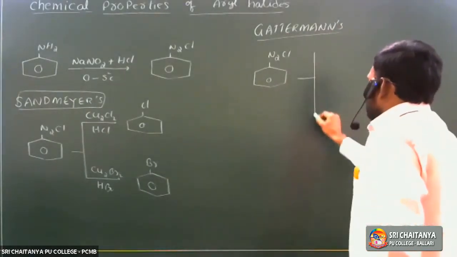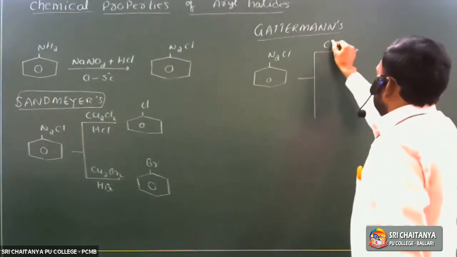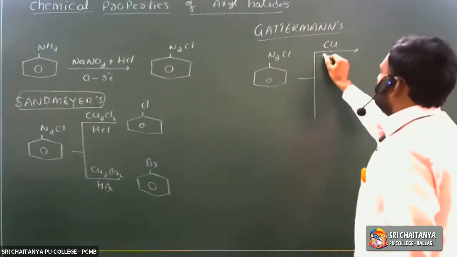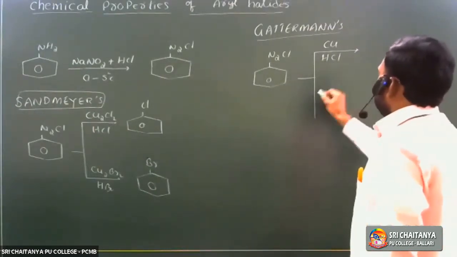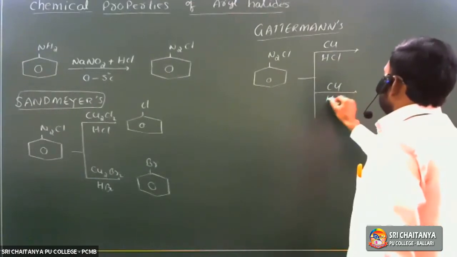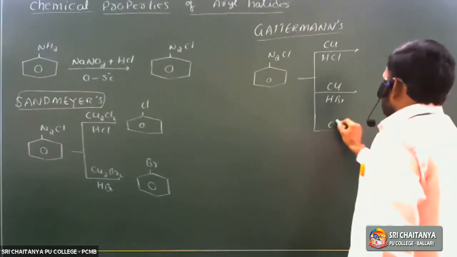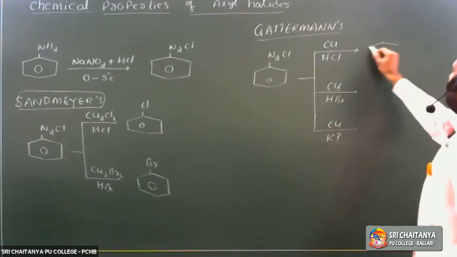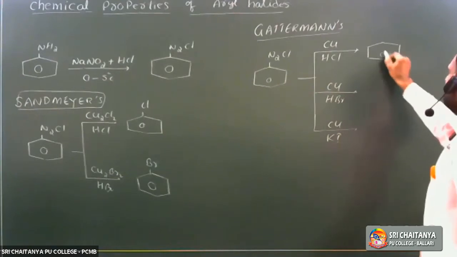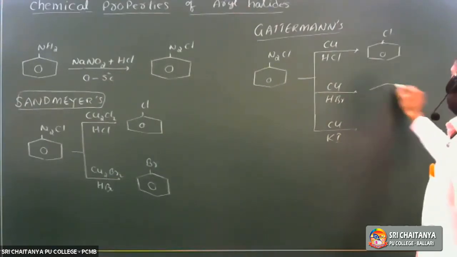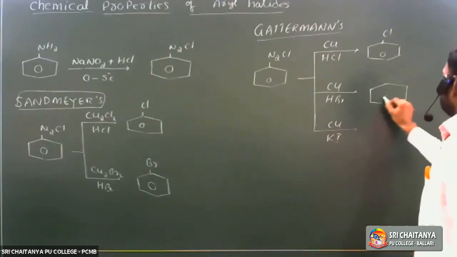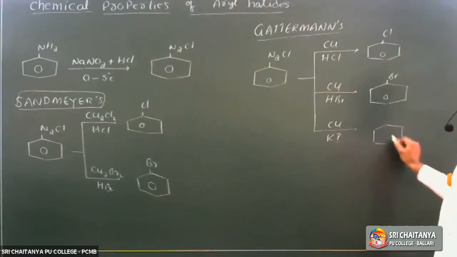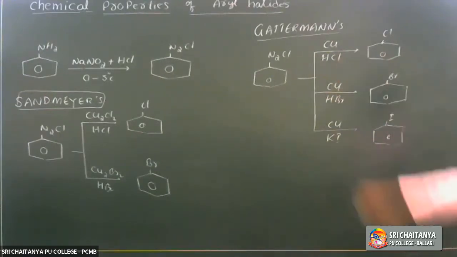Benzene diazonium chloride is treated with, instead of cuprous chloride or cuprous bromide, copper powder with HCl, copper powder with HBr, or copper powder with KI. With HCl, it forms chlorobenzene. With HBr, it forms bromobenzene. With KI, it forms iodobenzene. This reaction is called Gattermann's reaction.